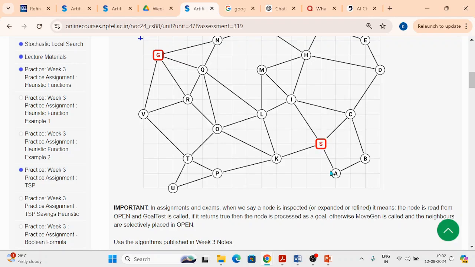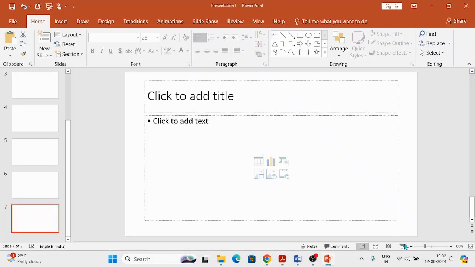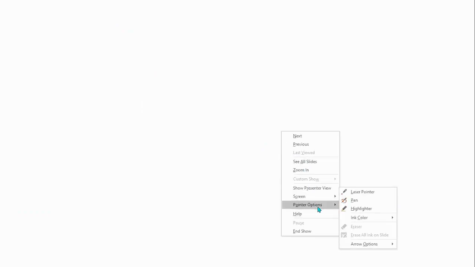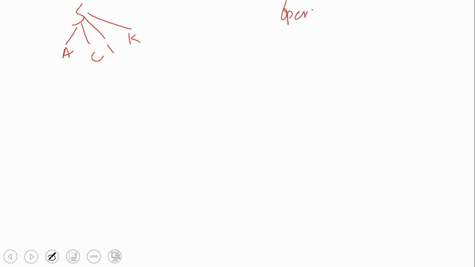S is connected to A, C, I and K. So we'll follow the open list and closed list concepts.